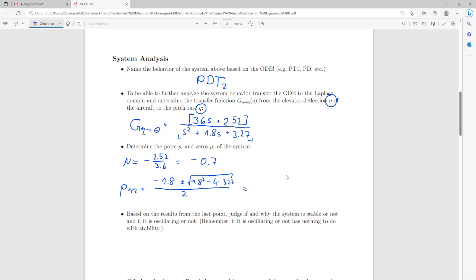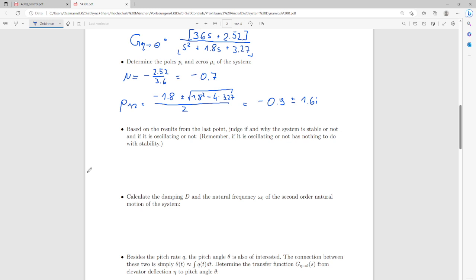If you solve that, you end up with minus 0.9 plus minus roughly 1.6i.